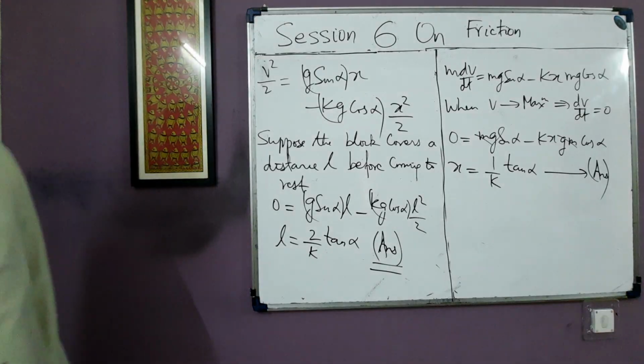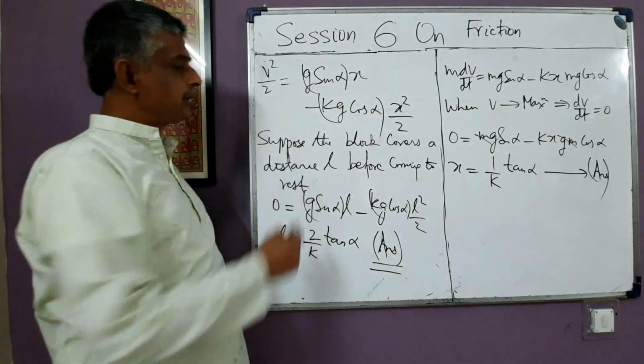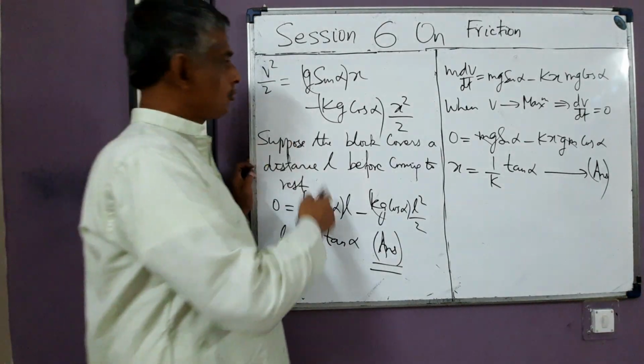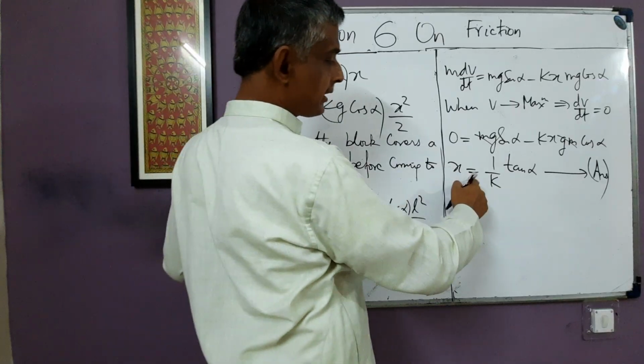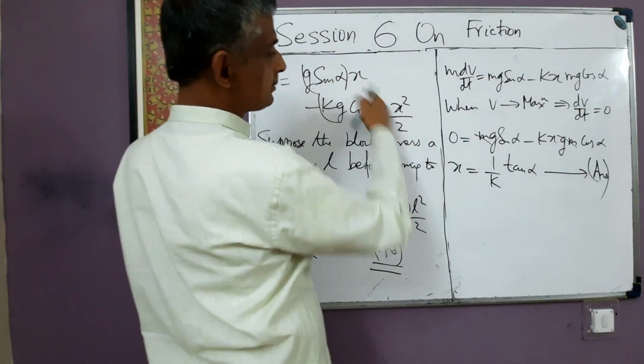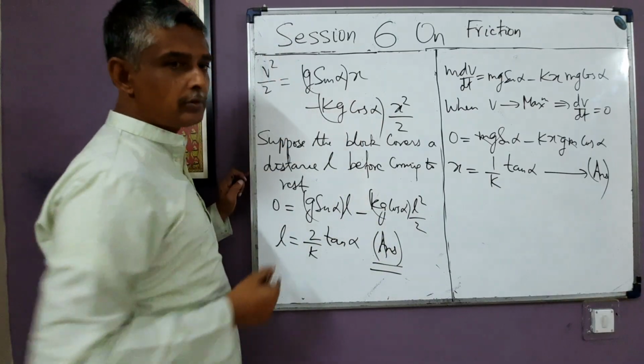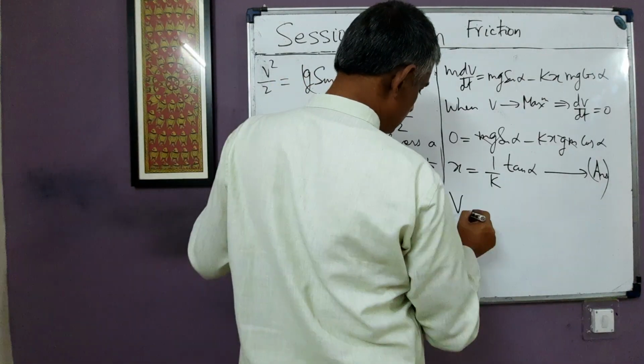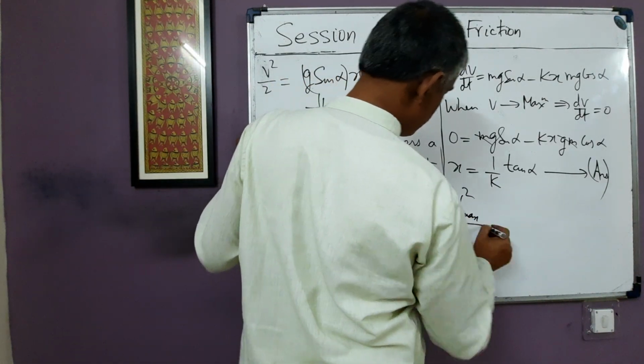Now we have also been asked to find the maximum value of speed v. At this x, v is maximum. So in this expression, if we replace x by 1 by k tan alpha, we get the maximum value of v. Let v max be the maximum value of v.